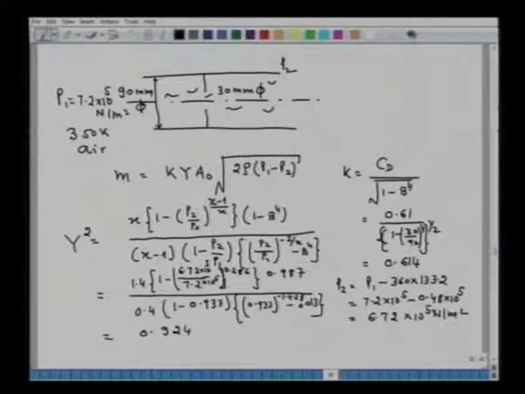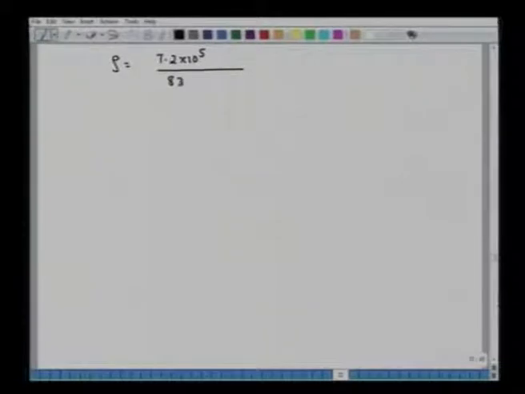Now, we know this thing. Now, we can proceed to calculate. Say we have to calculate also rho. Rho will be equal to say 7.2 into 10 to the power 5 is our pressure, divided by the gas constant and the temperature is 350. So, this value is 7.176 kilogram per meter cube. So, now we know all the values.